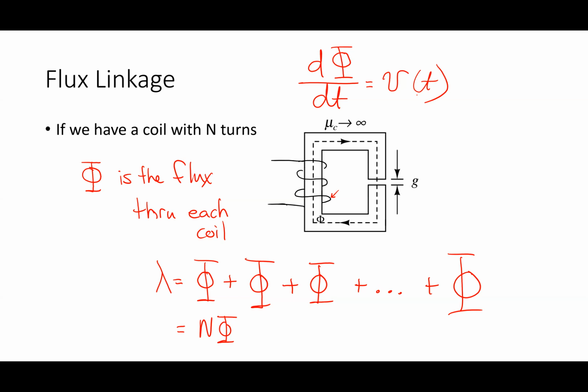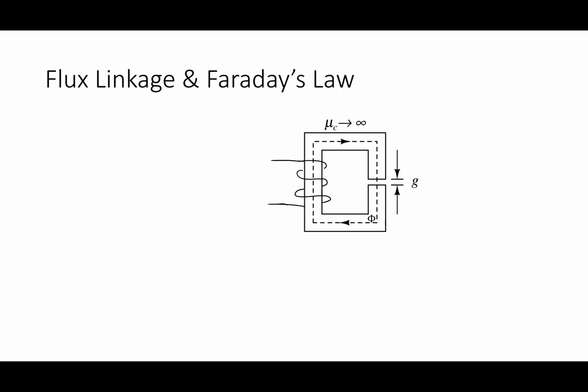So first of all, what's the voltage for an inductor? The voltage on an inductor is what times what? L di dt. Somehow that's got to be related to this d flux by dt, because if I have just a single wire like this.